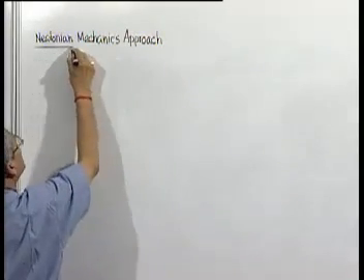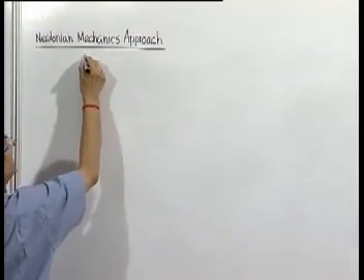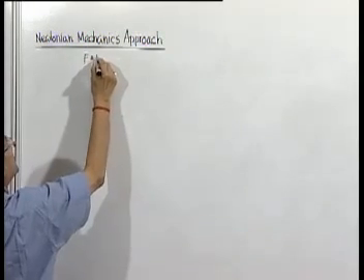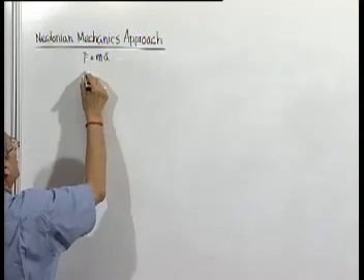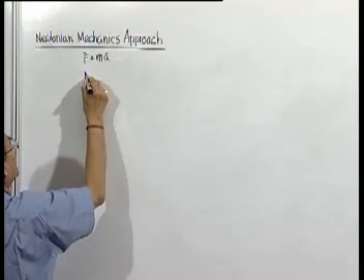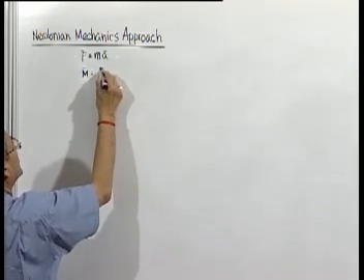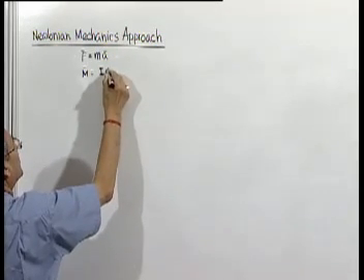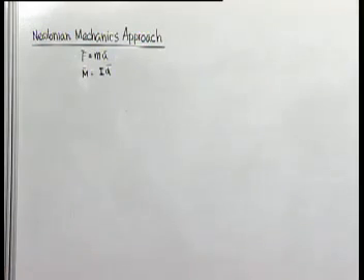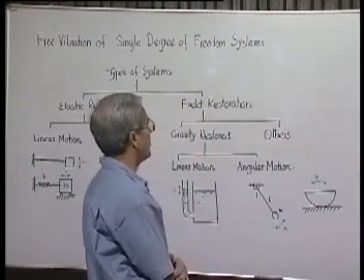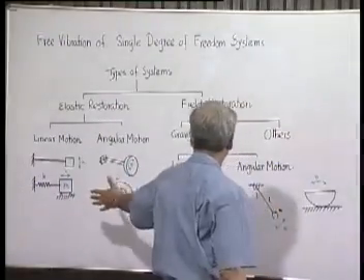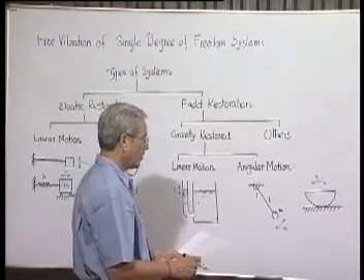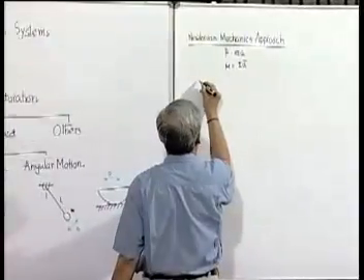Which means that we will use the relationship force is equal to mass into acceleration, or torque is equal to moment of inertia into angular acceleration. Both are the commonly known forms of Newton's laws, and we will use these laws and try to solve these problems. So what we will do, we will try to find out first the basic equations of motion.